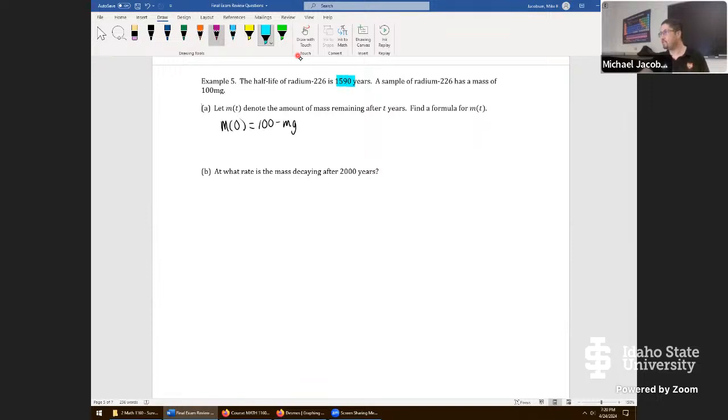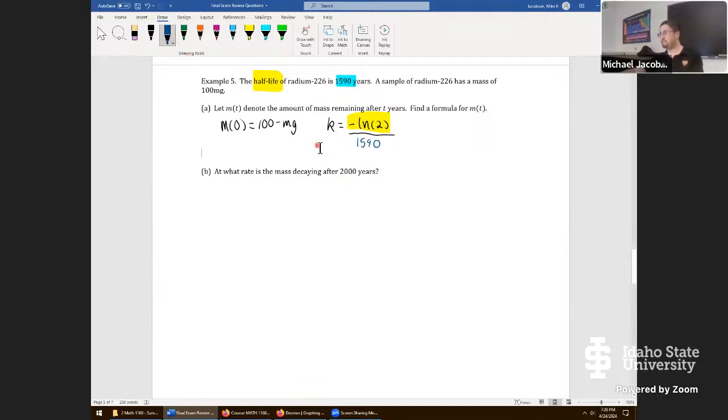Let's color code this one. This is telling us that k, because it said half-life, is equal to negative natural log of 2. So that element of the problem already determines the entire numerator of the k value. And the denominator is the half-life, 1,590 years.